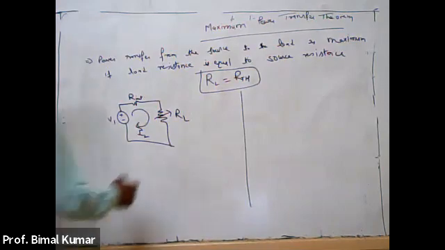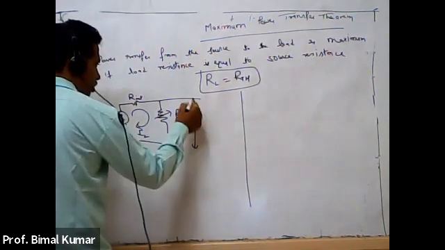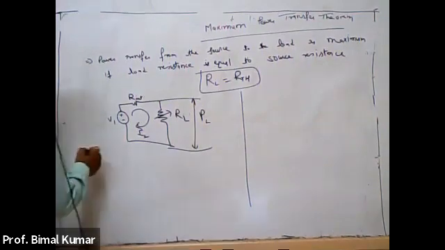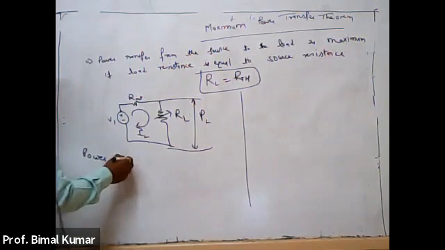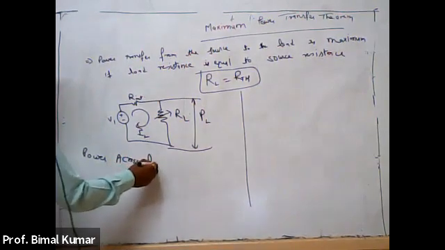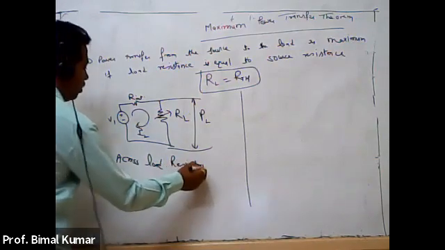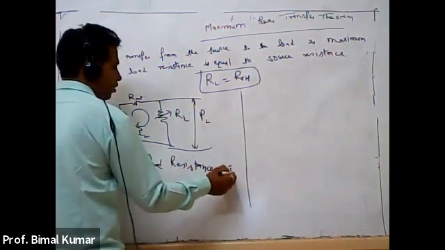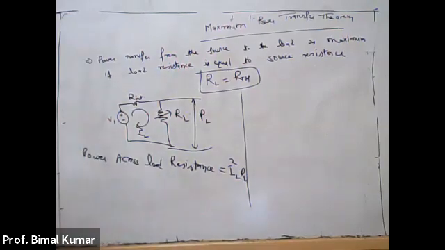Here I want to calculate power across the load resistance, PL. That will be given by IL square RL, I square R. Here I is equal to IL, so this will be IL square RL.